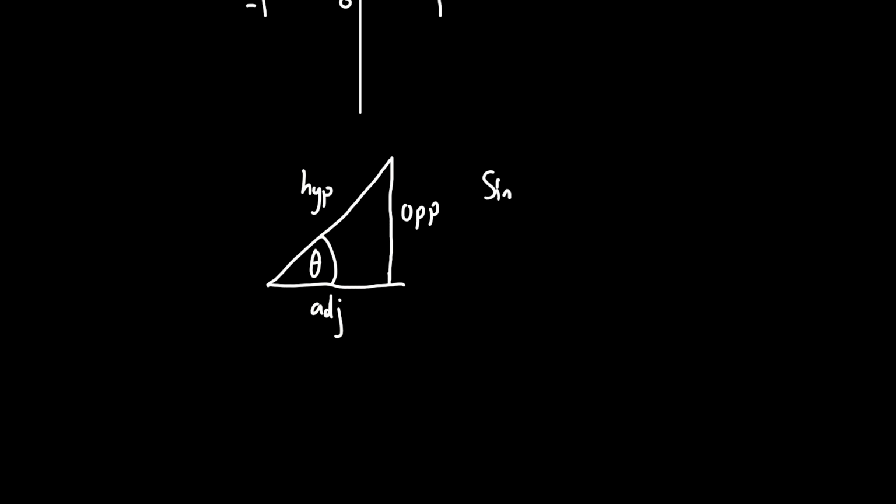Lower down in school, you were taught that sine of an angle, like an angle theta, is the ratio of the opposite side over the hypotenuse, obviously labeling the adjacent side. Now this is what sine theta would be, opposite over hypotenuse, and cosine would be adjacent over hypotenuse.